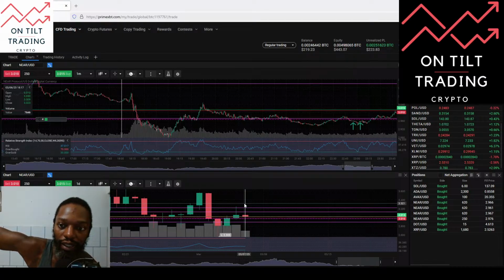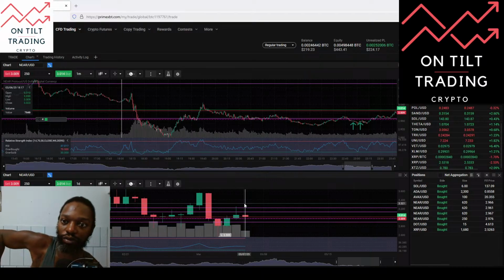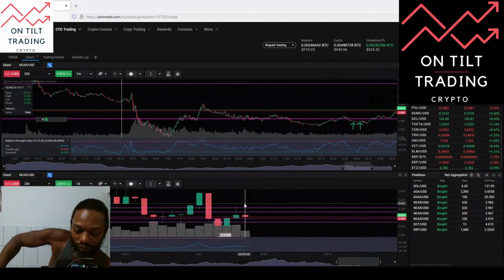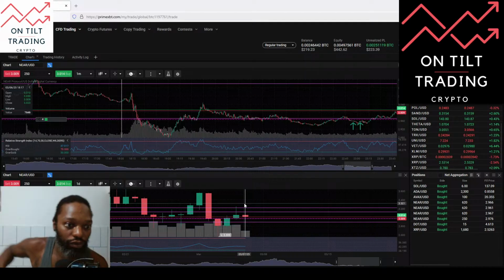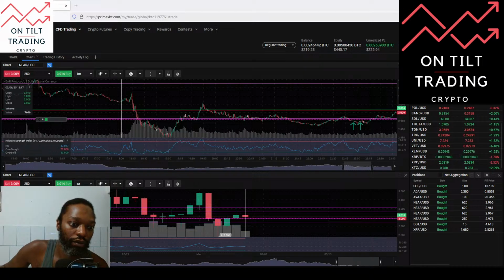I don't like to short any currency pairs that are below average, like below 50, or if they're around in the 50s or lower. I don't want to short them.